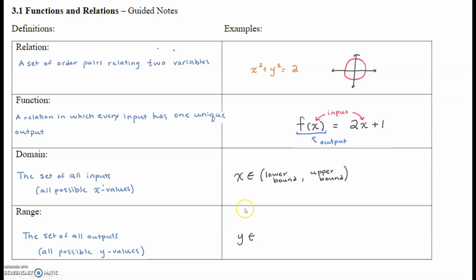You just change from x to y. And again, you write is the element, and then the lowest output you have and the greatest output you have. So go ahead and pause if you need to write these down. And again, these are some definitions that we're going to be using for this topic.